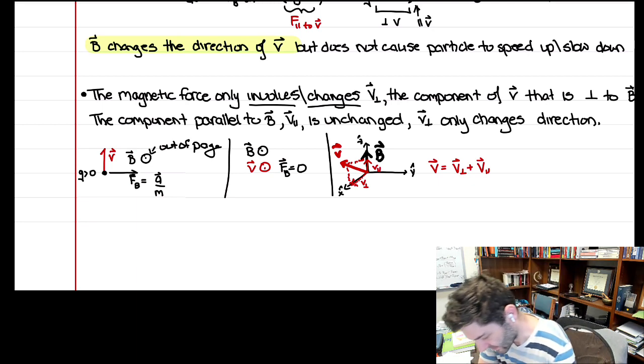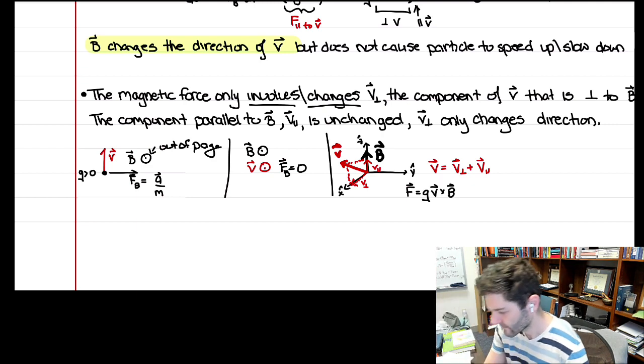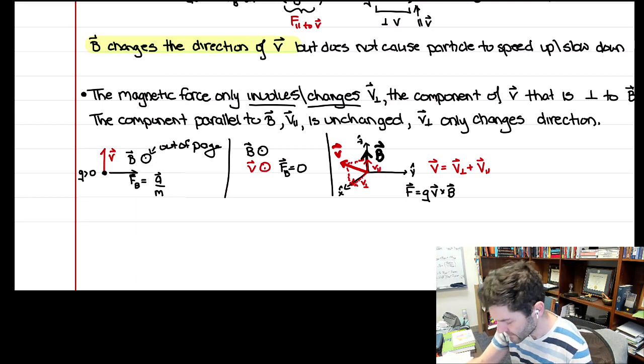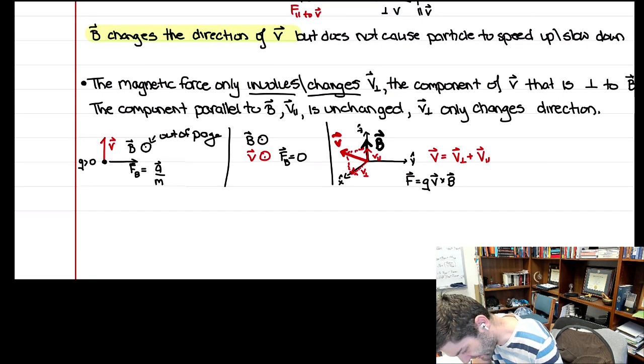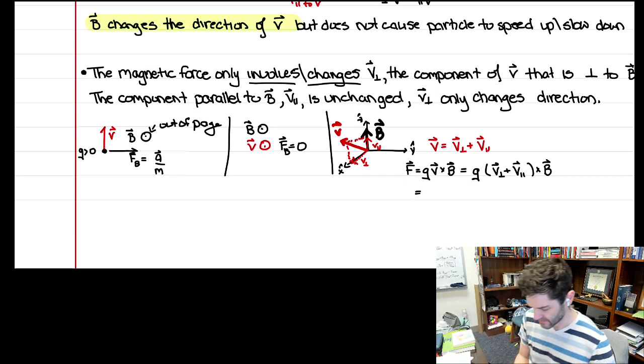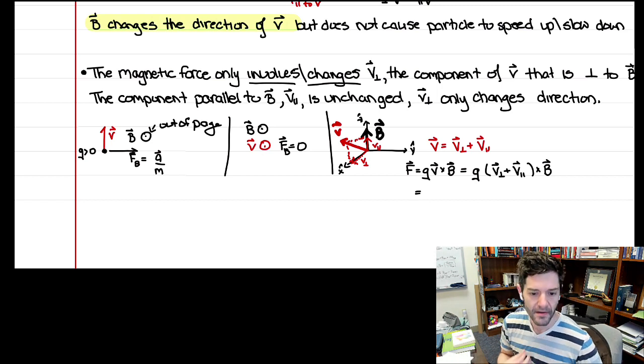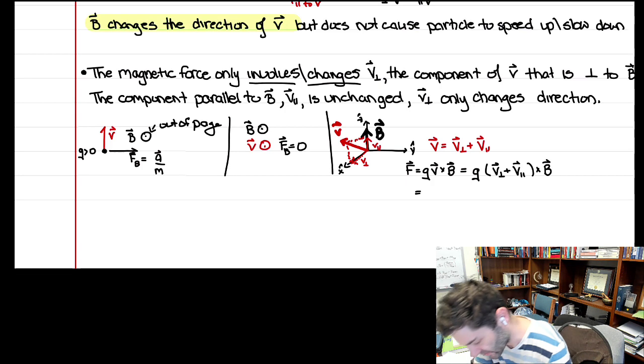Then I could evaluate the force, q v cross B, and by our definition above, I could replace v with v perp plus v parallel, cross B. I didn't state this last time, but you can work this out, and when you do cross products in Calc 3 particularly, the cross product distributes over addition and subtraction.